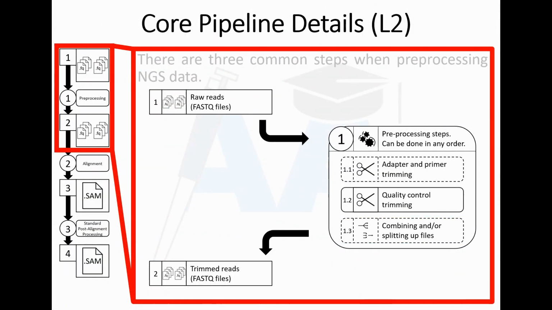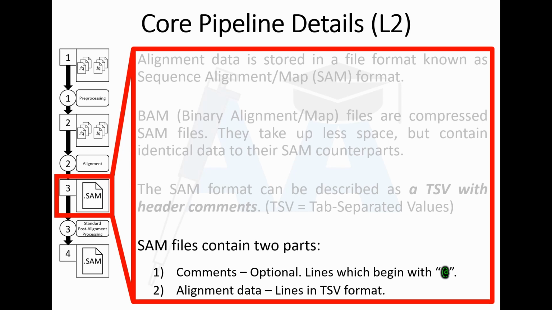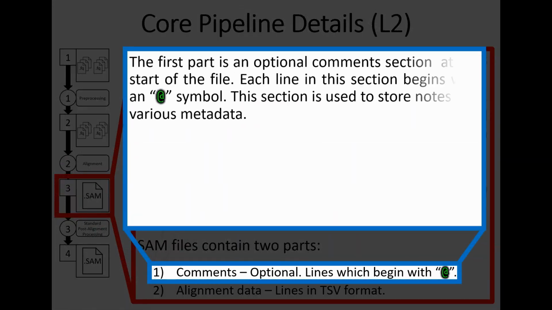Okay, now it's time to go through the SAM file format in much greater detail. As stated previously, SAM files consist of two parts, the comments and the alignment data. When it comes to the comments section, there's not much more to say here.